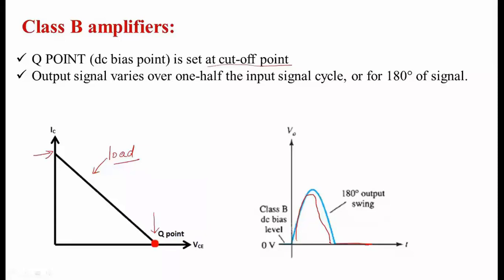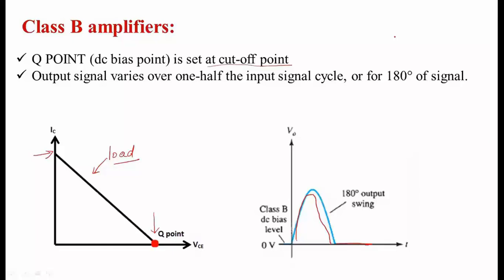To get the full cycle at the output, we have to use 2 transistors as Class B amplifier. One for one half cycle and another for another half cycle. It means if we want full output, we have to use 2 transistors or 2 Class B amplifiers.